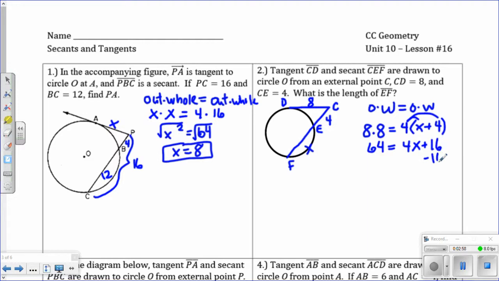Subtract 16 from both sides, and we get 48 equals 4x. Divide both sides by 4. X equals 12. Let's just make sure we don't have to plug it in. What is the length of EF? EF is x. Sometimes you have to actually plug it in, so always go back and read the question.